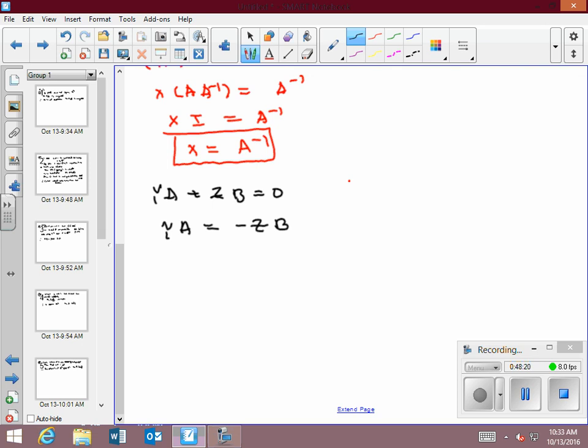I need to show that ZC equals I. And that's theorem 8K is met. Then C, it implies C is invertible. Theorem 8A.